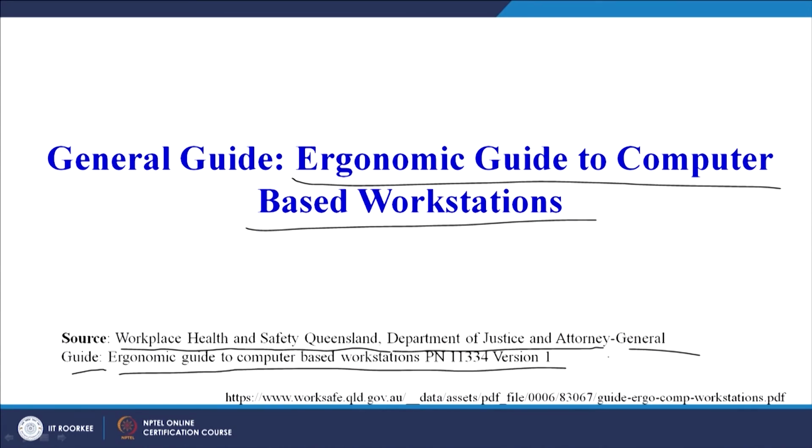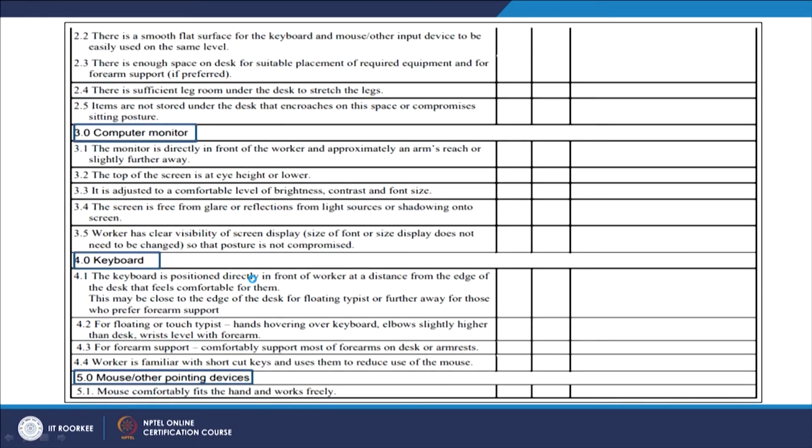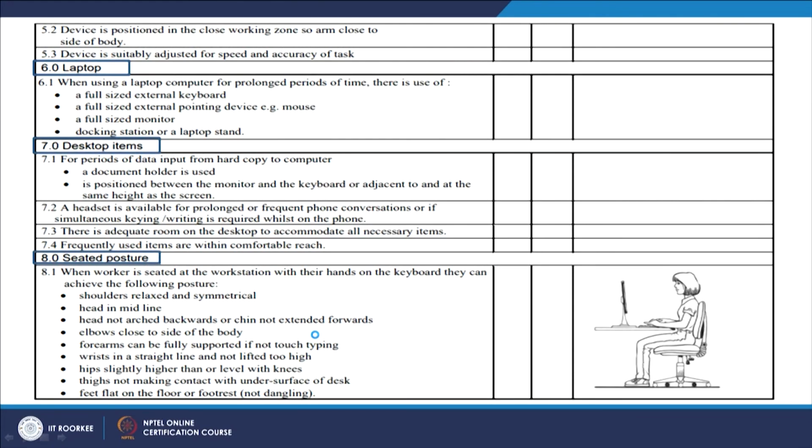There is a checklist available, and you can see there is a checklist regarding the office chair, the desk, the computer monitor, the keyboard, then the mouse, then if you are using a laptop, then the desktop items, the seated posture.